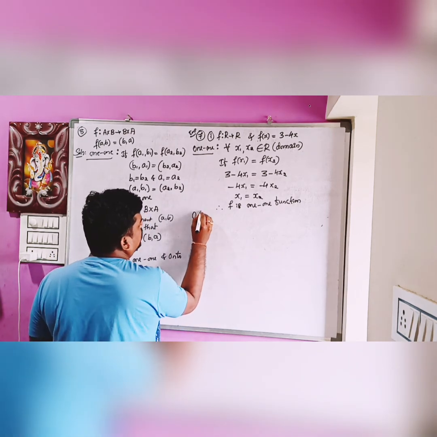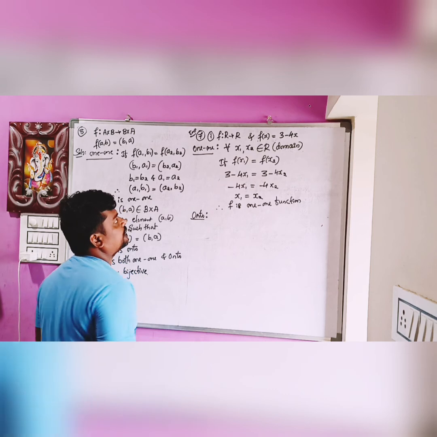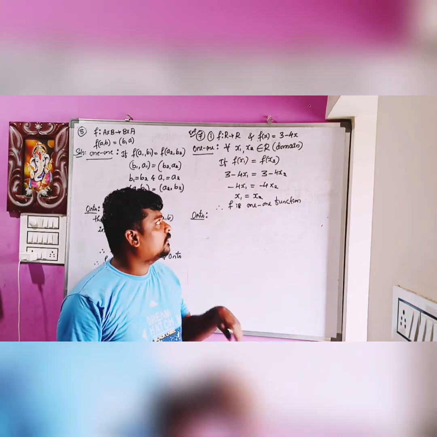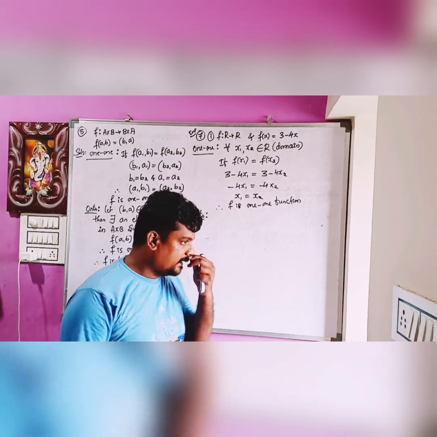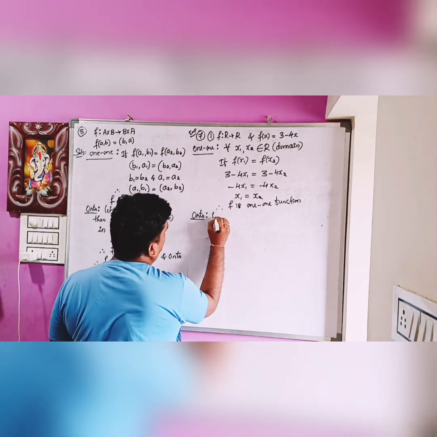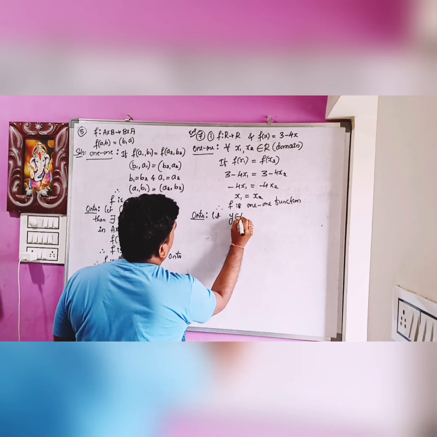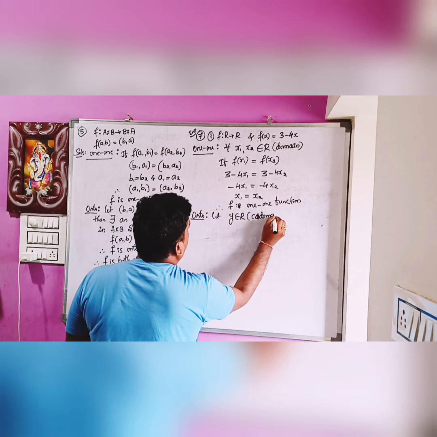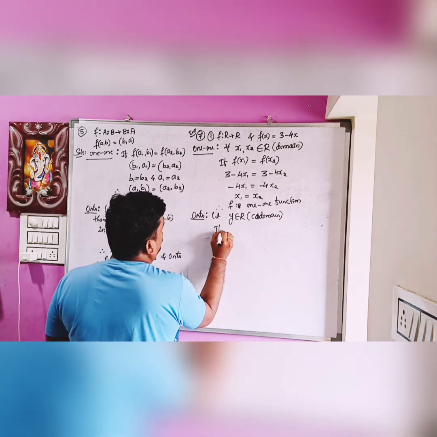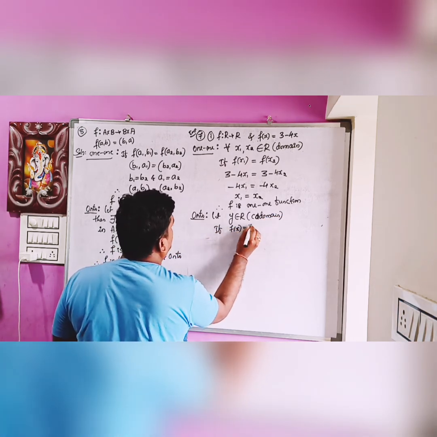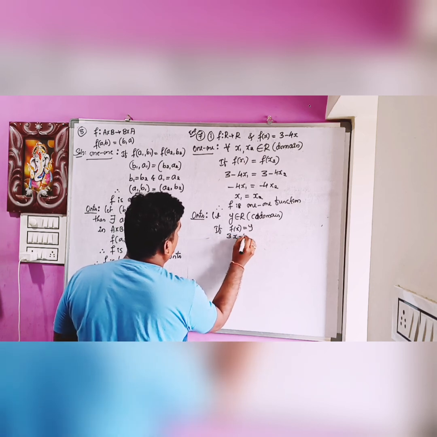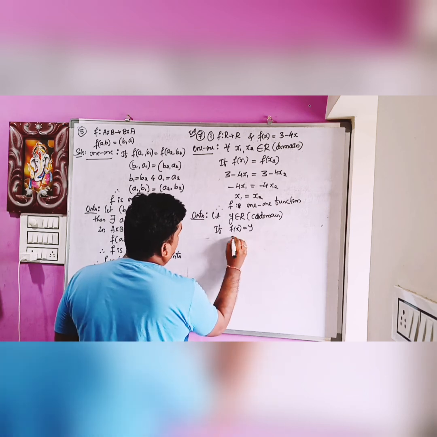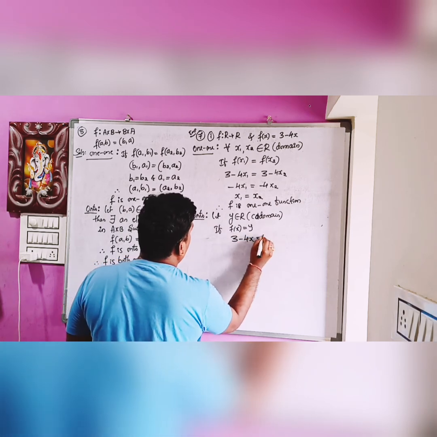For onto function, it is defined from the set of real numbers to real numbers. If I take an element, let y belong to the codomain. If f of x is equal to y, what happens? What is f of x? 3 minus 4x is equal to y.